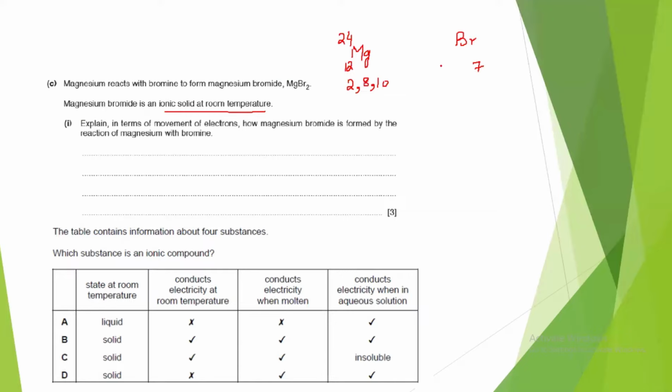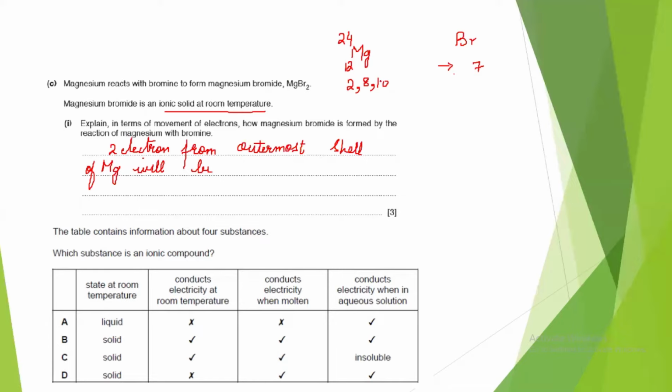I'm just telling you about the outermost shell. So what is going to happen? The 2 electrons from the outermost shell of magnesium will be transferred.